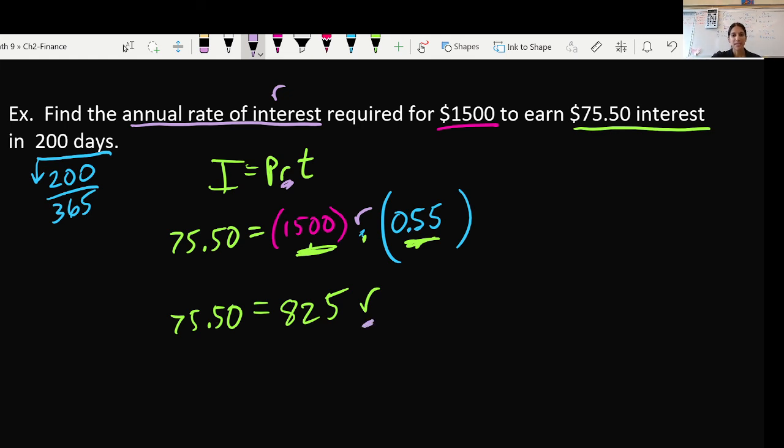Algebra is all about opposites, and I want to get just R by itself. So do you see that I would want to divide out this 825 to get rid of it, which means I also have to do that on the left side.